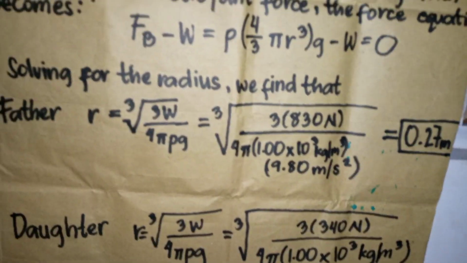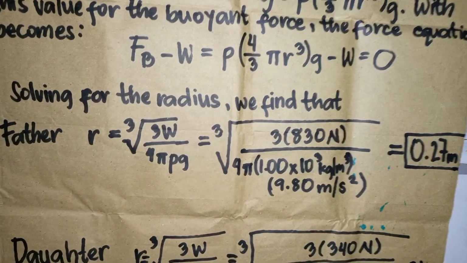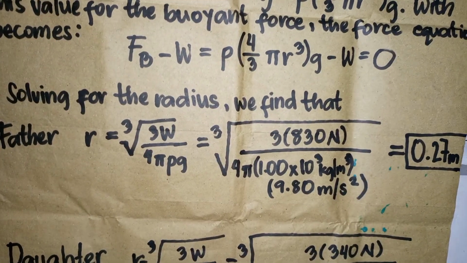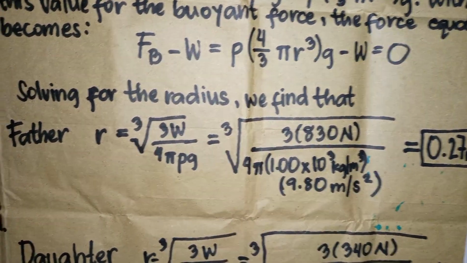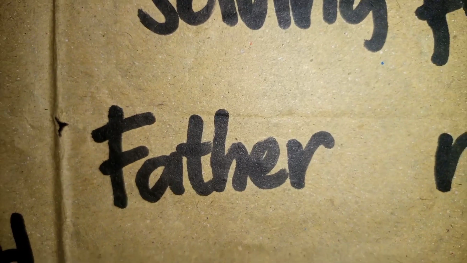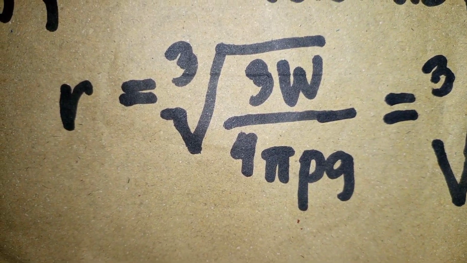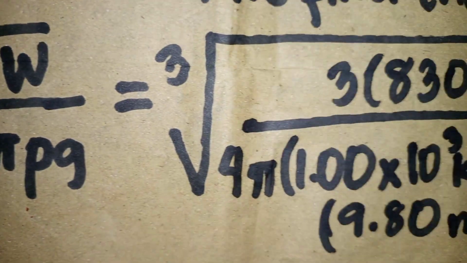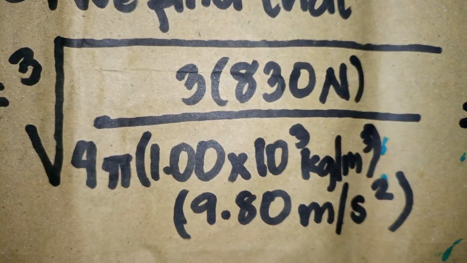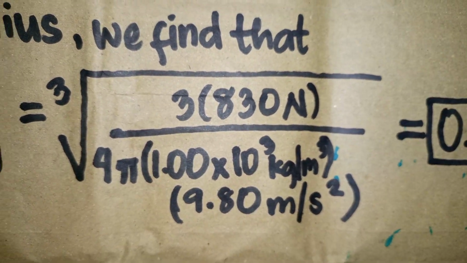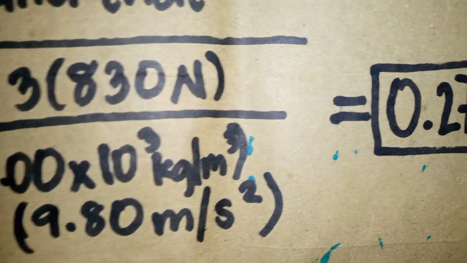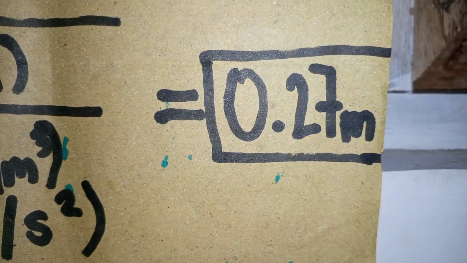With this value for the buoyant force, the force equation becomes equal to 0. So, solving for the radius, we find for the father, this is the formula, then we just put in the 3, then over 813 Newton, which is the weight of the father from earlier, and the pressure.